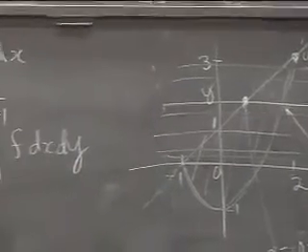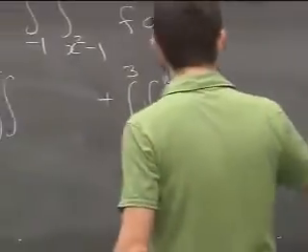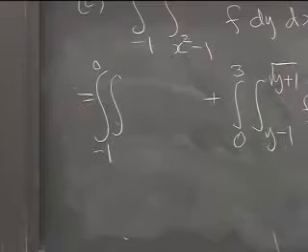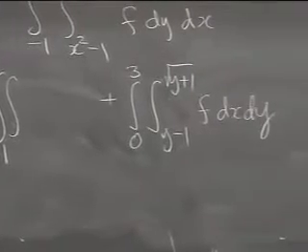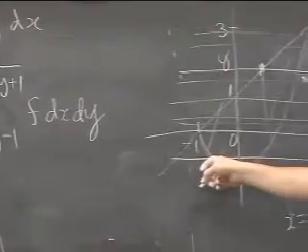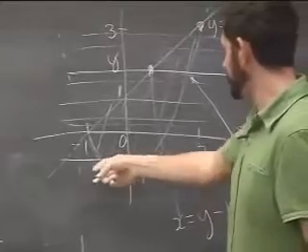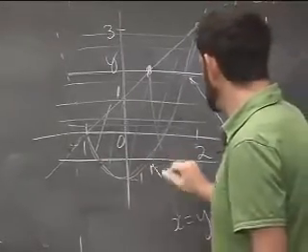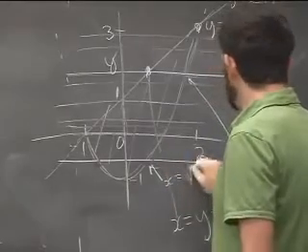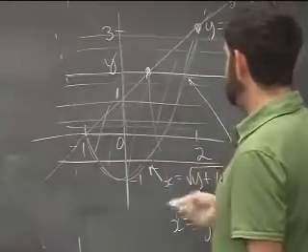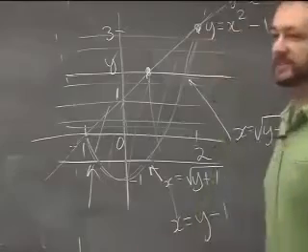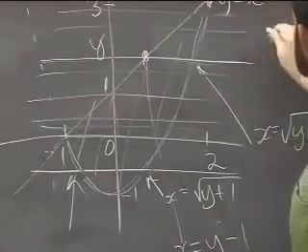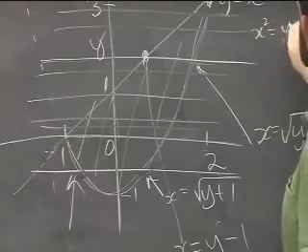But we still have to deal with the y values between minus 1 and 0. So what do you hit first? You actually hit the left branch of the parabola. Then you're in the region and you emerge at the right branch. Well, the right branch still has x coordinate root y plus 1. What is the x coordinate on the other side? Negative, right? When we inverted this, we said x squared equals y plus 1.